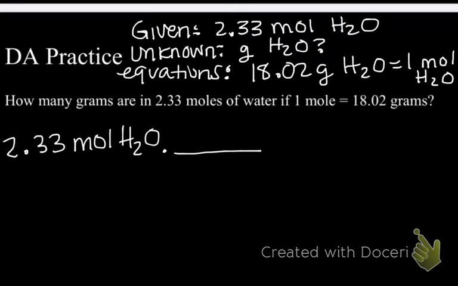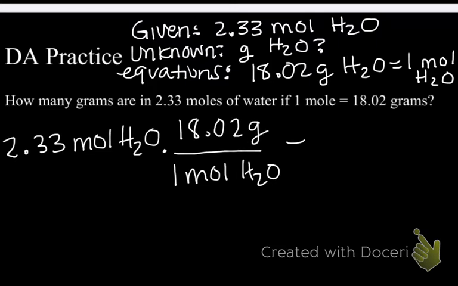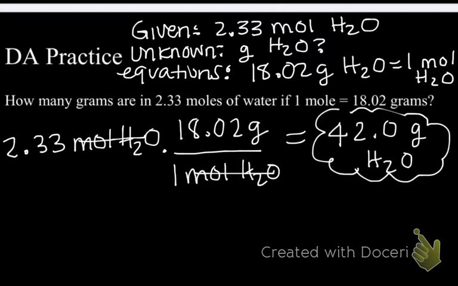The conversion factor says that 1 mole of H2O is 18.02 grams. So moles of water has canceled, and I am now left with grams of water. So we would just do 2.33 times 18.02. And there's the final answer.